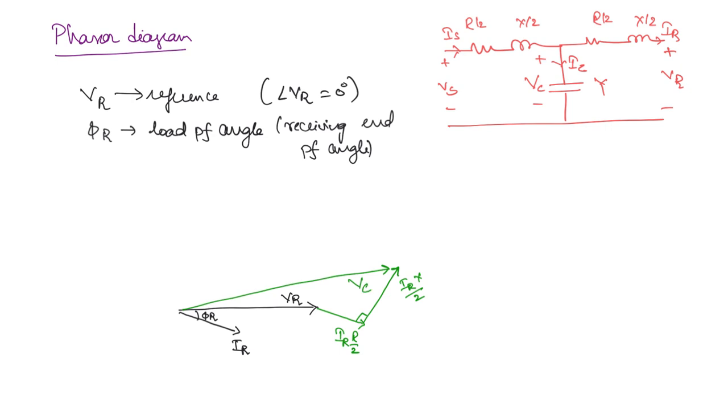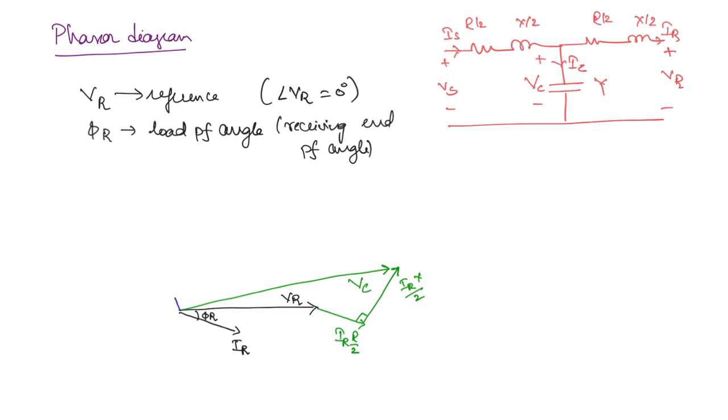VC. Now the next parameter that you can represent is IC, the charging current. So this is VC, the voltage across the capacitor, and IC is the current through the capacitor. What will be the relation between IC and VC? IC should be leading VC by 90 degrees, right?